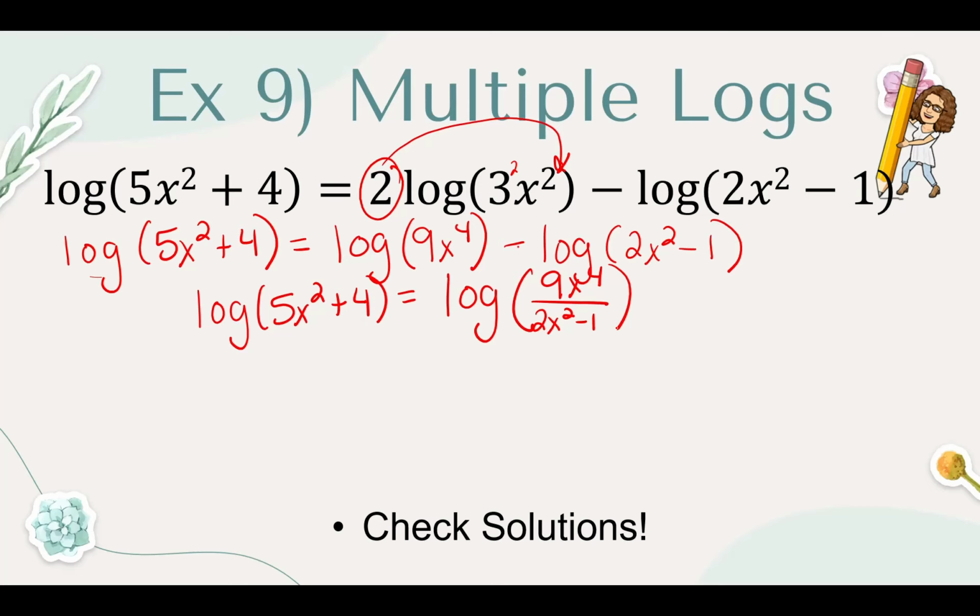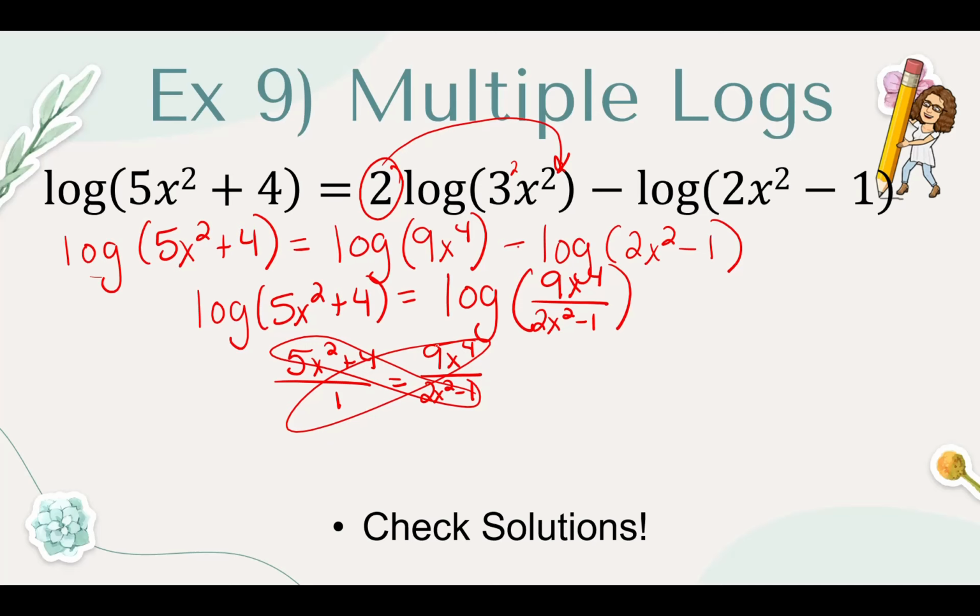Now notice what we now have. We have log on both sides. Oh, how exciting. We can make the logs drop away, right? So I'm going to get 5x squared plus 4, I'm going to put him over 1, equals 9x to the 4th over 2x squared minus 1.